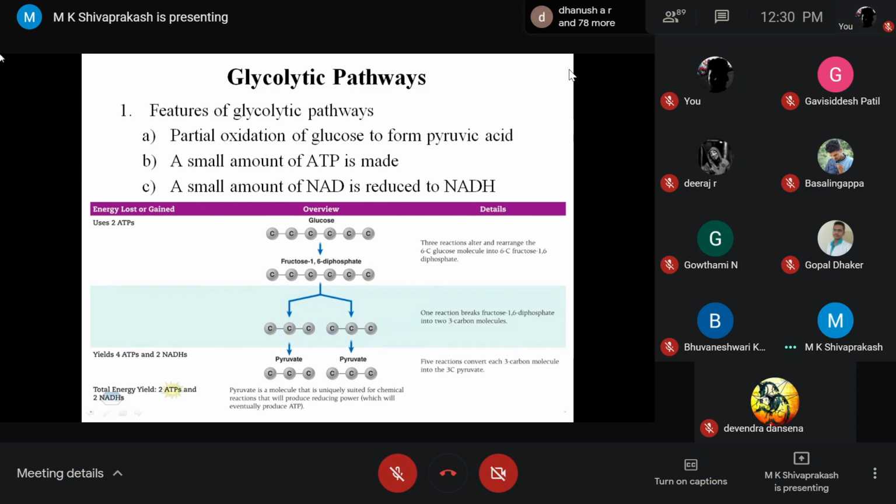That's the first point to be called fermentation. Organic molecules act as both electron donors and electron acceptors, then it is called fermentation.